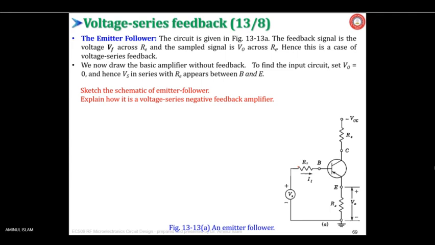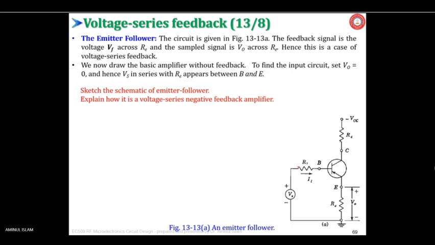If gain is not there, then why do we use it as an amplifier? That also we have discussed. Yes, it provides high input impedance and low output impedance. You will get buffering action.